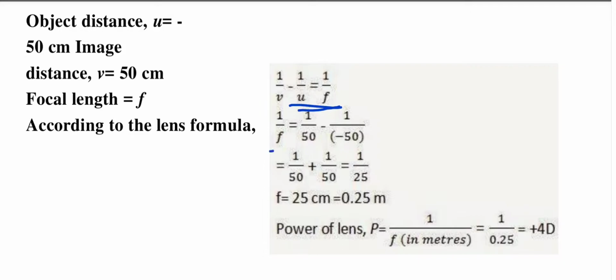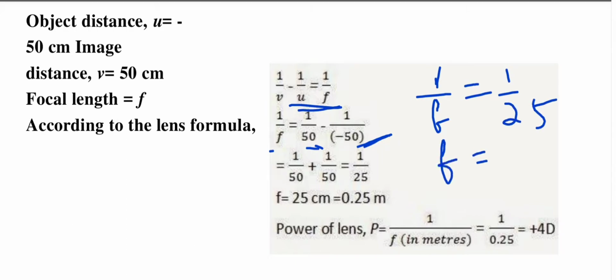So 1 by f is equal to 1 by 50 minus 1 by minus 50. Minus of minus is plus, so 1 by 50 plus 1 by 50 is 2 by 50, which is 1 by 25. So 1 by f is equal to 1 by 25, therefore f is equal to 25 centimeter.